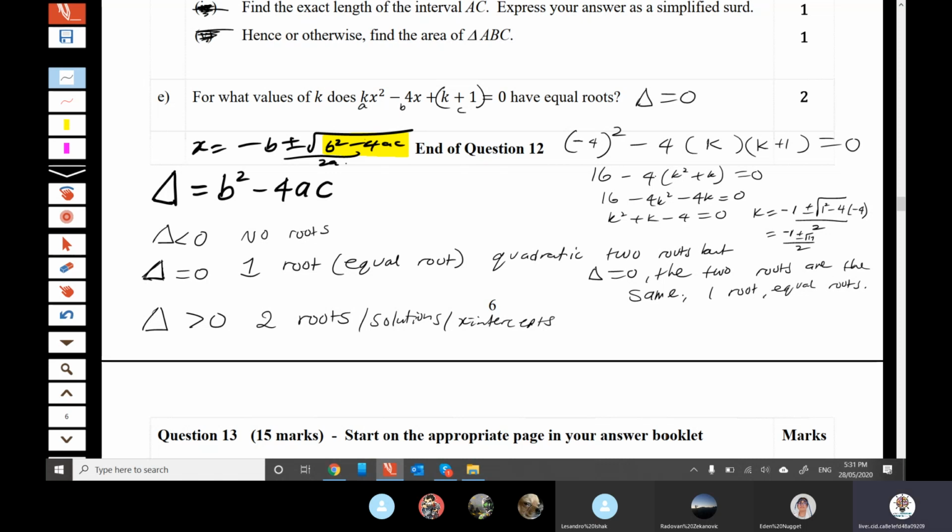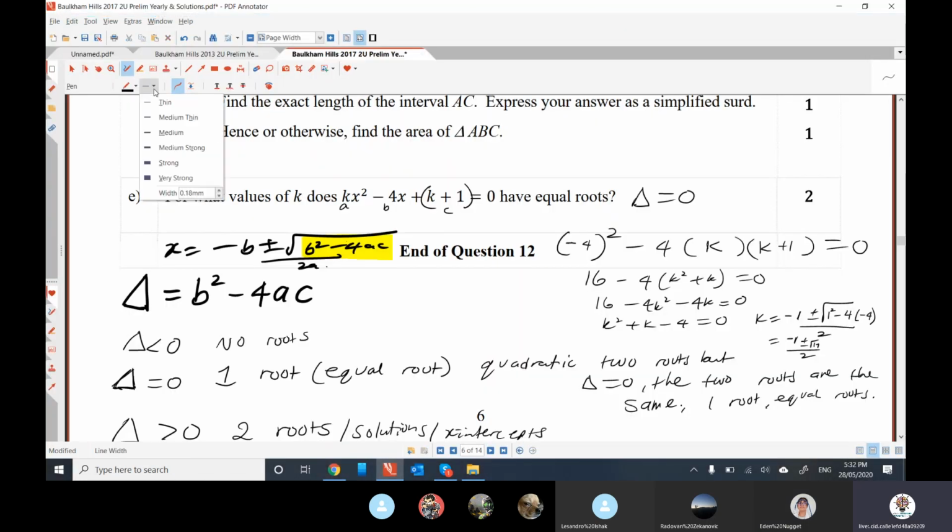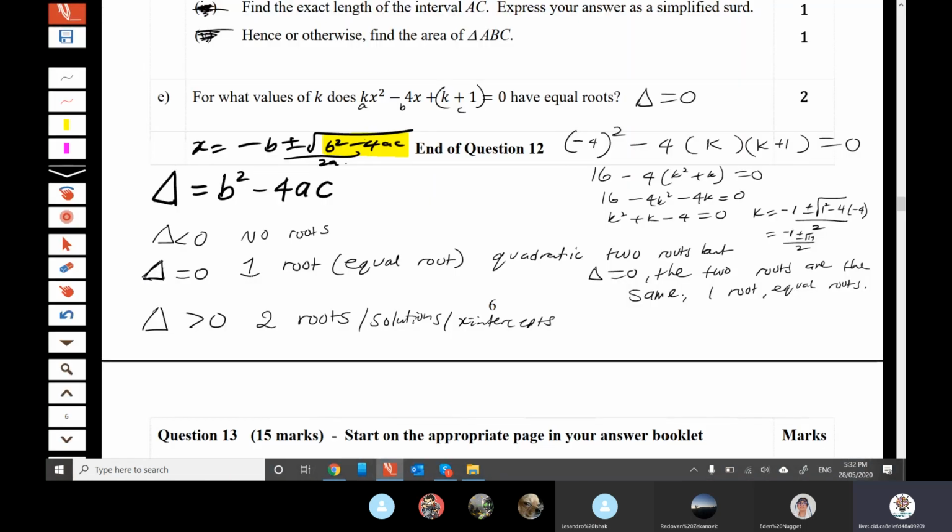So it's important you guys get this: as long as k is -1 plus minus root 17 over 2, the solution of this equation will have only one root. Do you guys get that? Because you know what I've heard all the time, right? I've heard, but Sam, you just said I'm only meant to get one root.